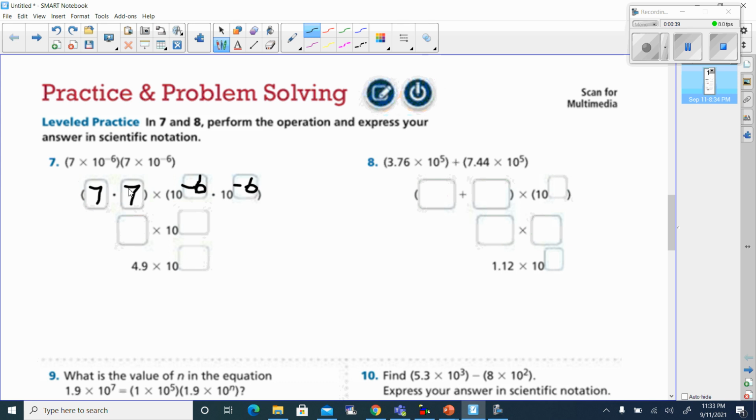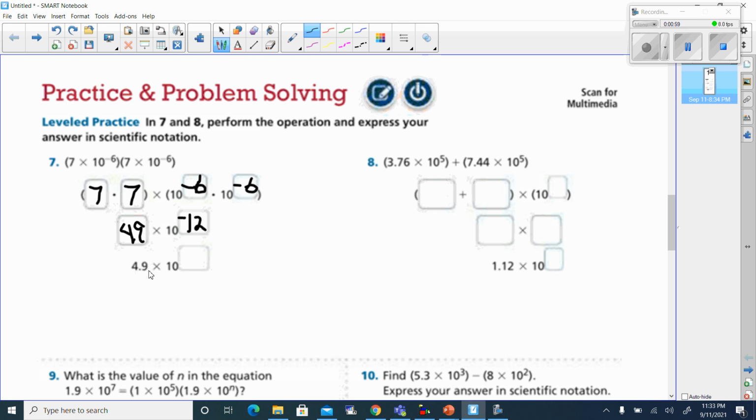We know we can take 7 times 7 and make 49. And when we are multiplying exponents with the same base, we can add them. So this is going to be a negative 12.